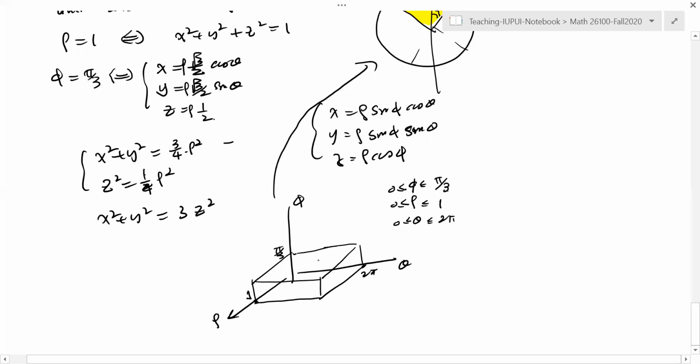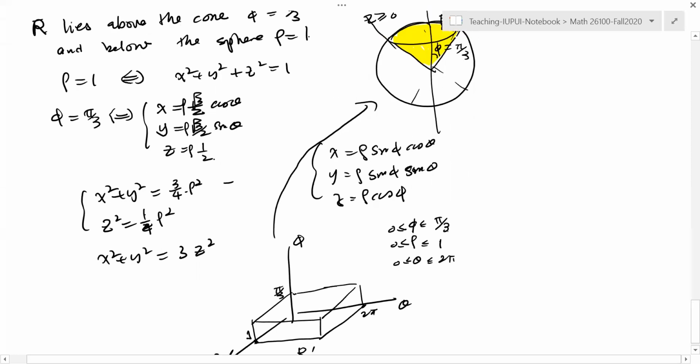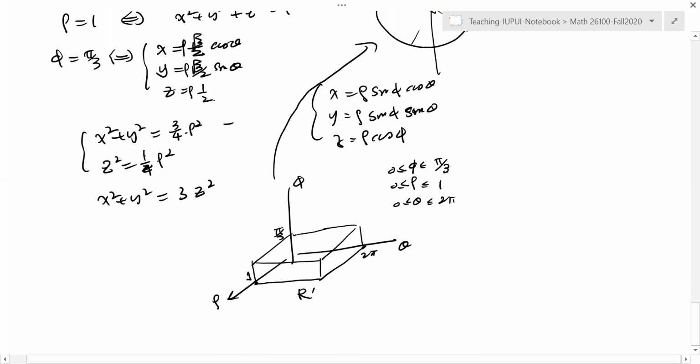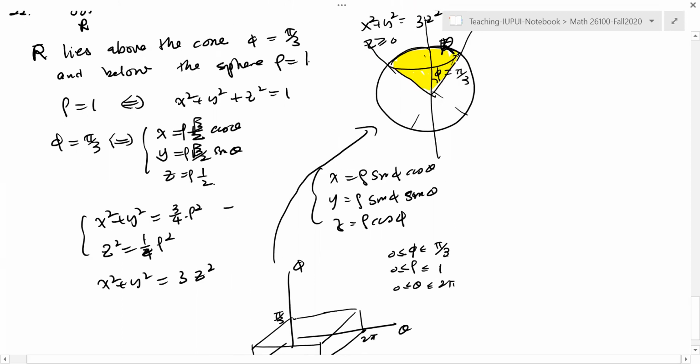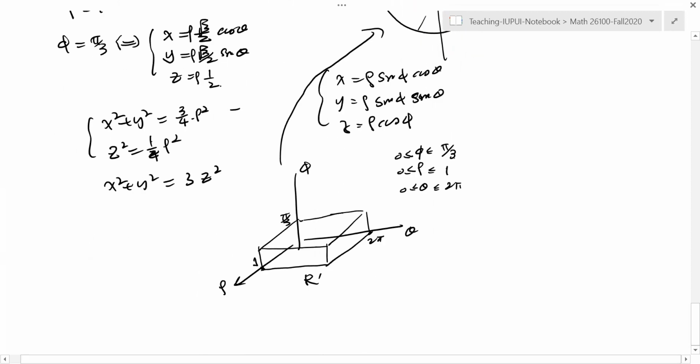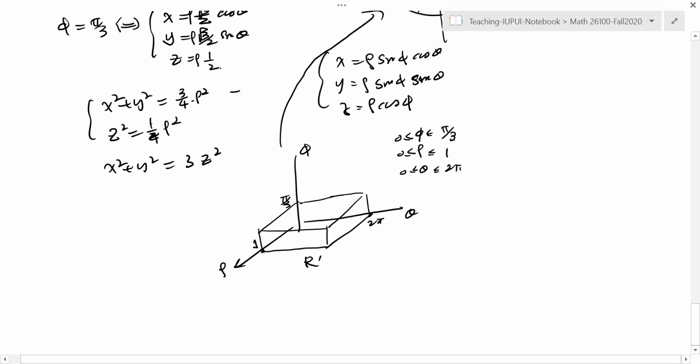This region is R prime. So this box is mapped to the cone, right? Some of the boundary will be collapsed to a point or to a line. That's why you end up with a cone. So this is our region.